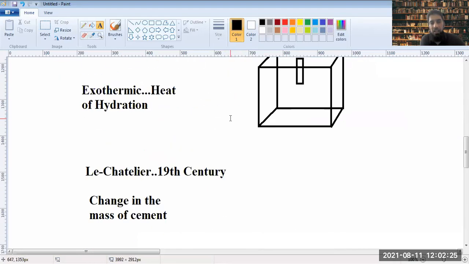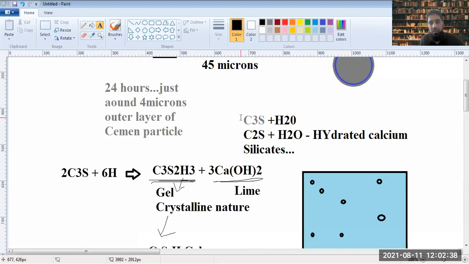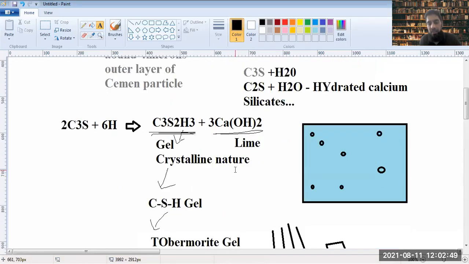Heating of the cement. If the temperature of the cement is taken higher, above 60 to 70 degrees Celsius, and at 330 degrees Celsius, it has totally disintegrated. At 330 degrees Celsius, due to the presence of this calcium hydroxide, the cement breaks apart. It completely disintegrates.